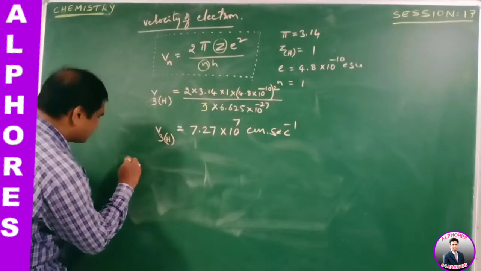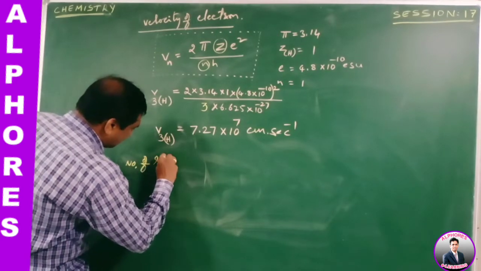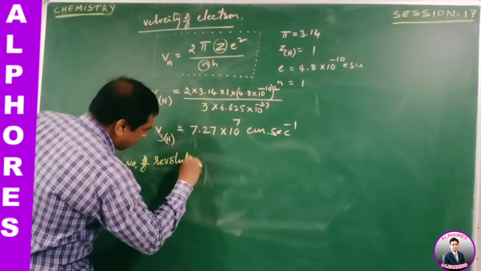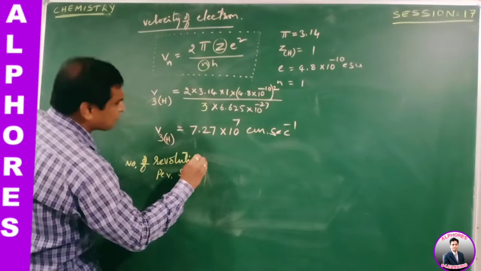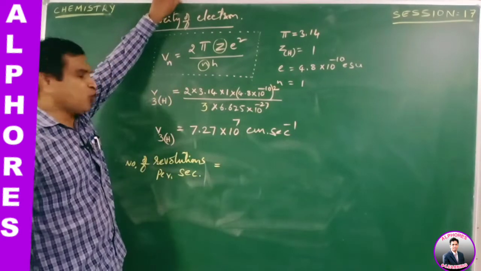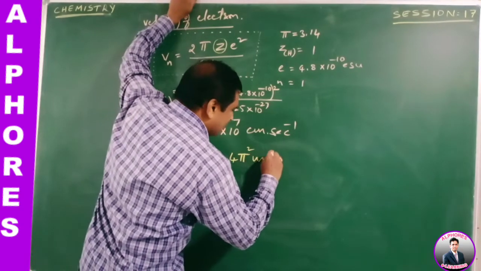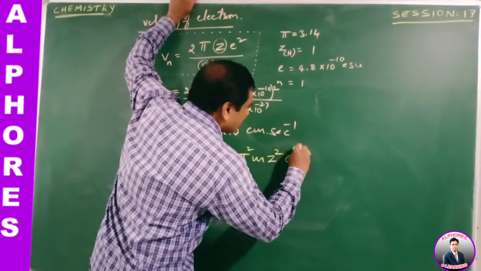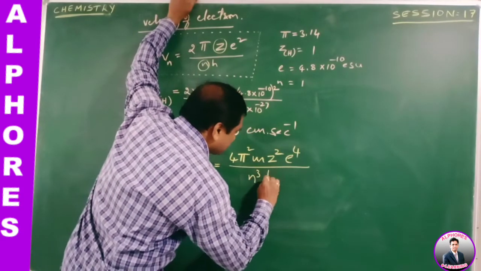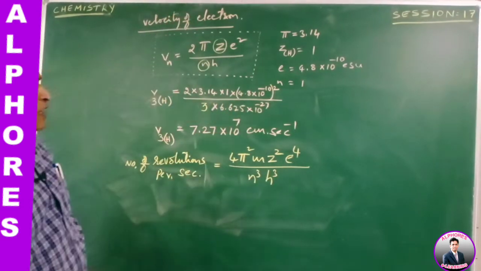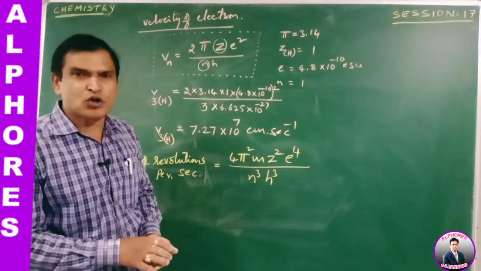So the number of revolutions per second is equal to 4 pi square m Z square e to the power 4 by n cube and h cube. That is the formula to calculate the number of revolutions made by the electron per second.